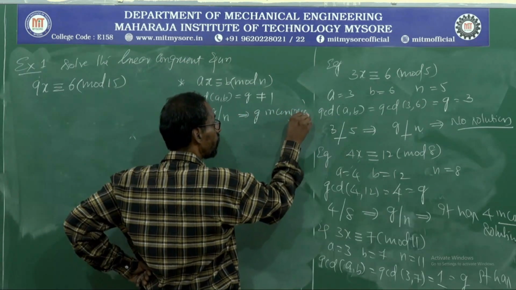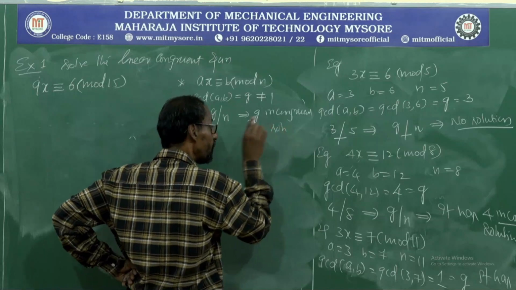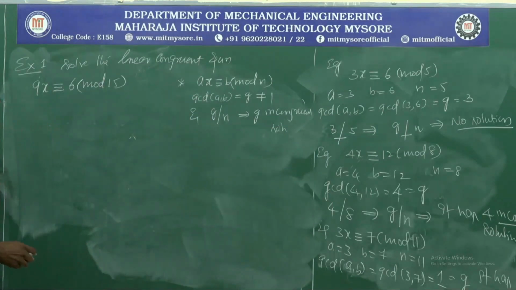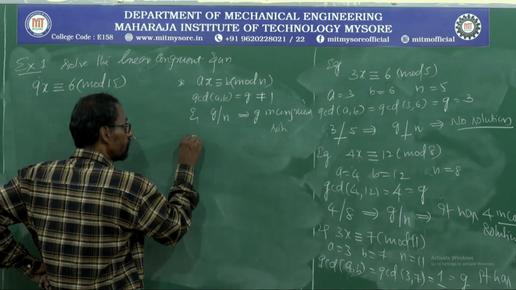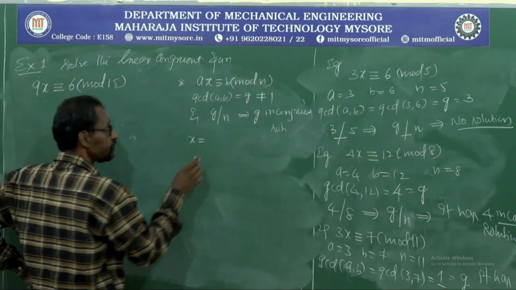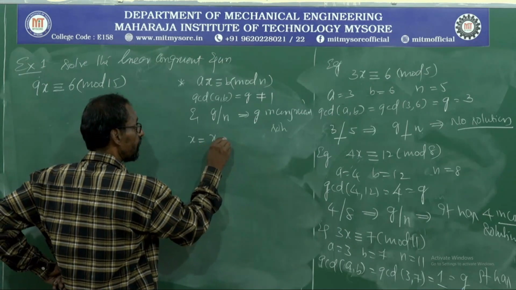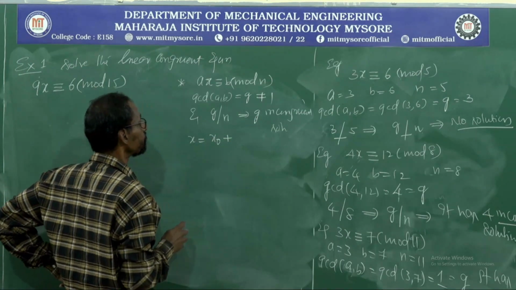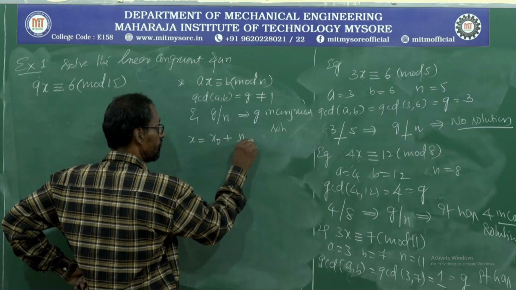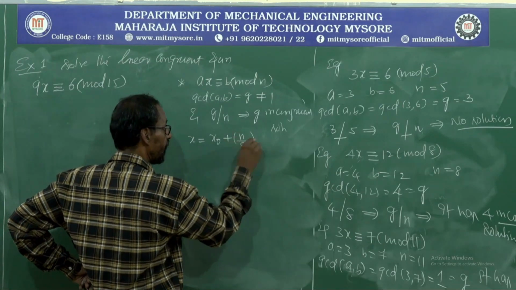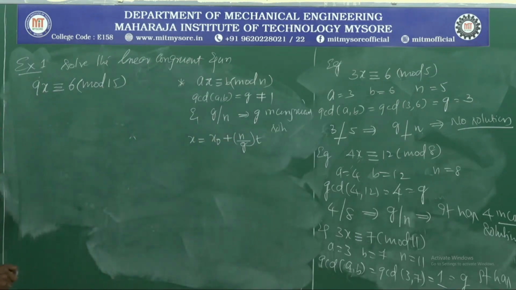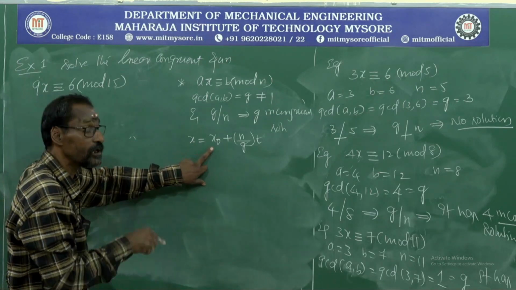Now how do we get those incongruent solutions? The general representation is x is equal to x naught plus n divided by g times t. You know what x naught is?